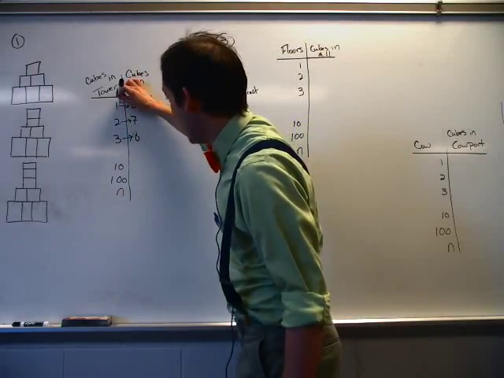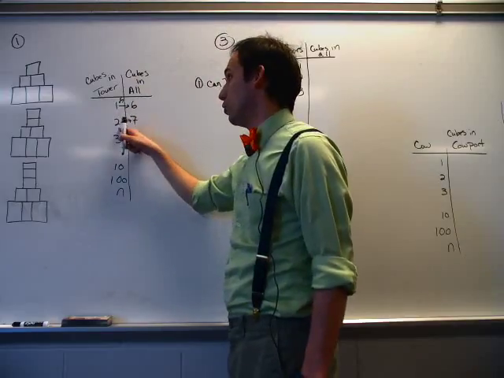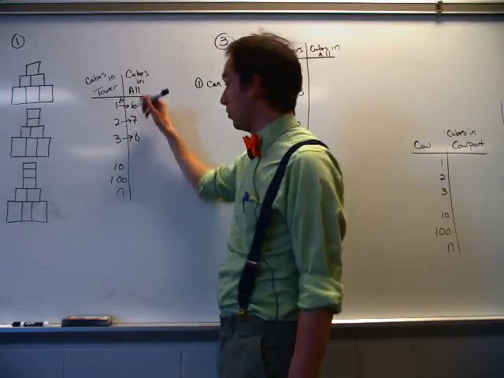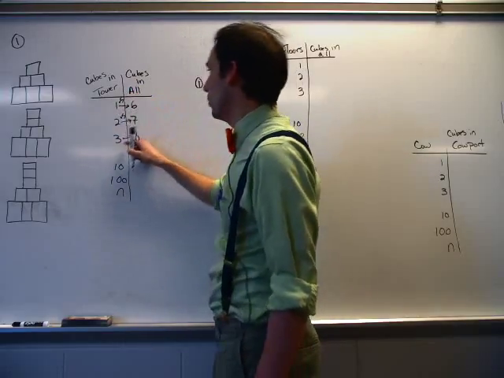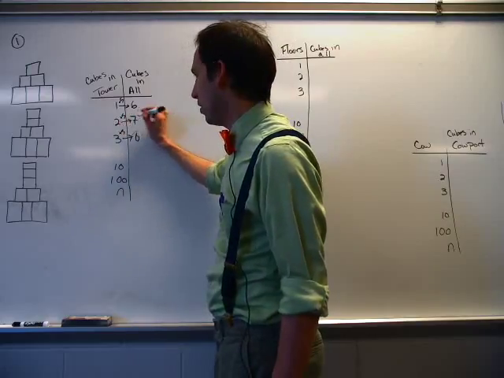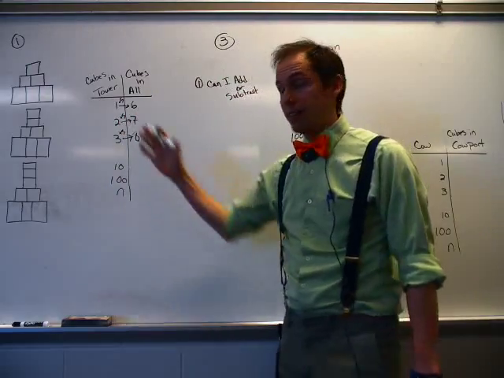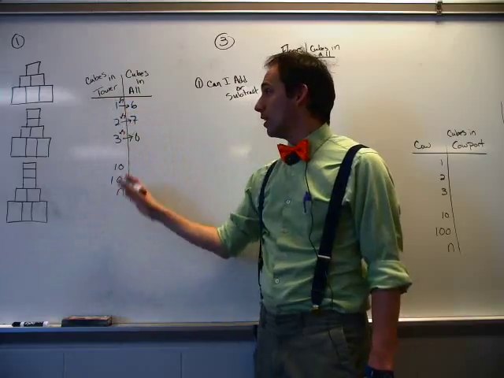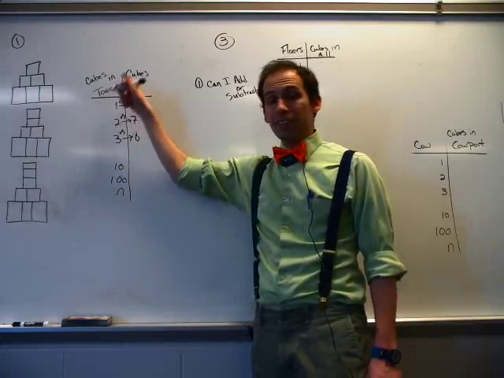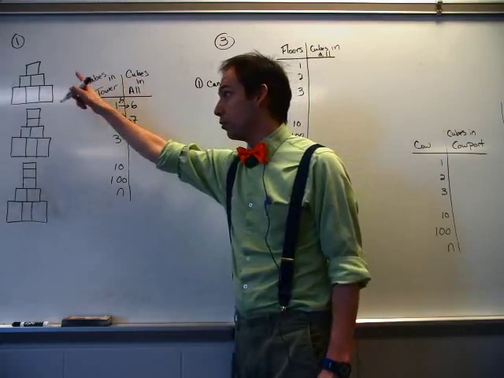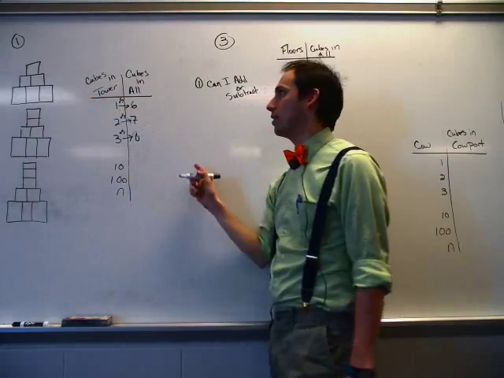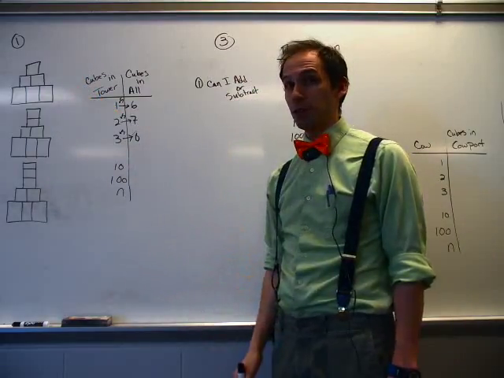So if I add 5, that gets me to 6. 2 plus 5 is 7, so that works as well. And then 3 plus 5 is 8, so that also works. So it looks like the pattern here is I simply add 5 to the number on this left side, to the number of cubes I have in the tower, and that'll tell me how many cubes I have in total.